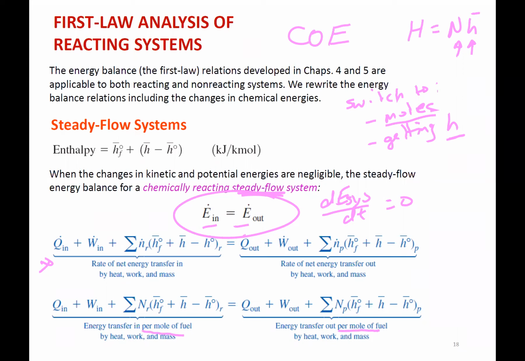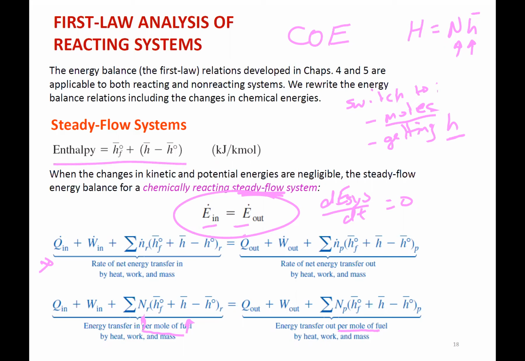So here is our enthalpy of reactions. Instead of mass times enthalpy, we're using moles times enthalpy. So right here, instead of mass, we have moles, and then we have enthalpy per unit mole. The next big thing where people get mixed up is this enthalpy.